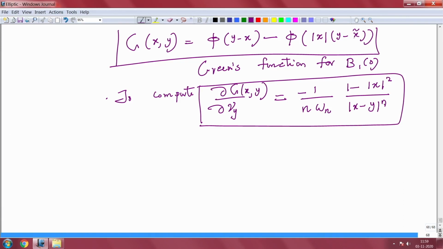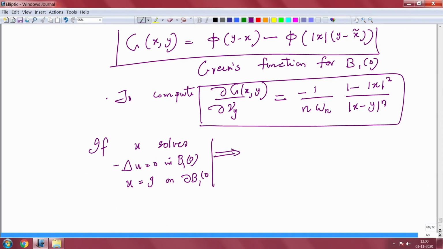So, that is a kernel coming into the picture. So, if you solve Laplacian of u equal to 0 in B1 of 0, u equal to g on the boundary of B1, then by the Green's representation formula, u of x equals 1 minus mod x square by n omega n times the integral of g of y by mod x minus y power n ds of y.